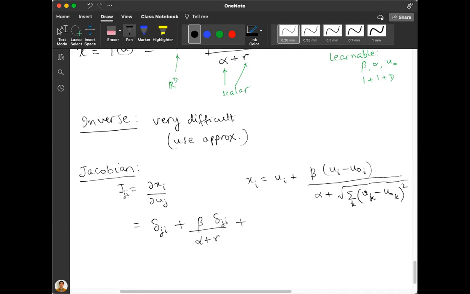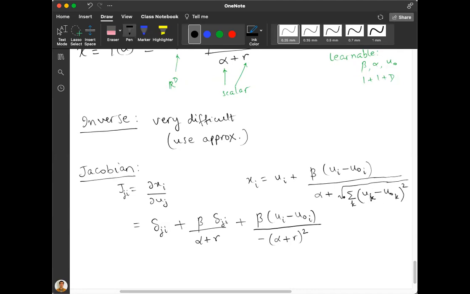Plus, now I have to do the denominator one: beta times (u_i minus u_0i) remains the same, upon, this is 1 upon something, so this is minus 1 upon alpha plus r whole square, times the derivative of this.